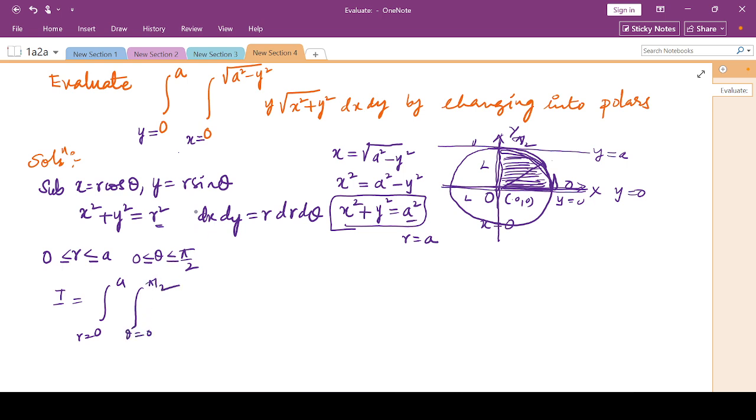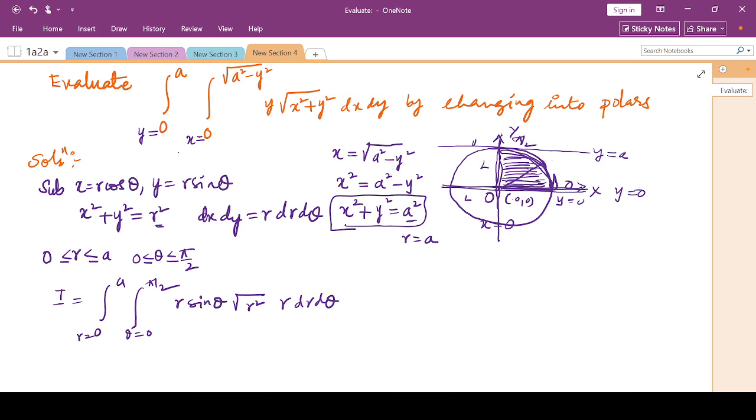And look at this, keep y value as r sin theta, and square root of x square plus y square is square root of r square, and dx dy is equal to r dr d theta.